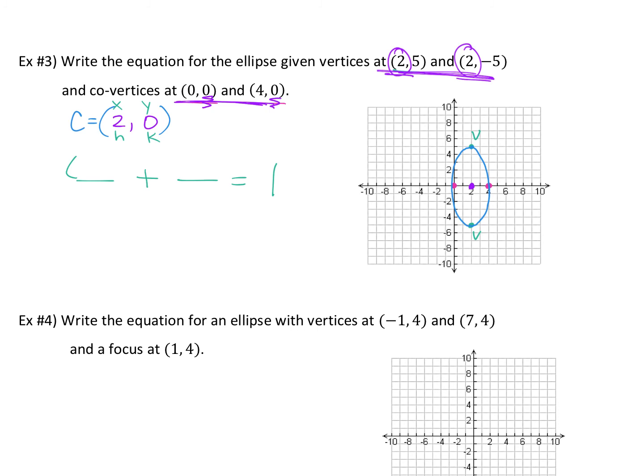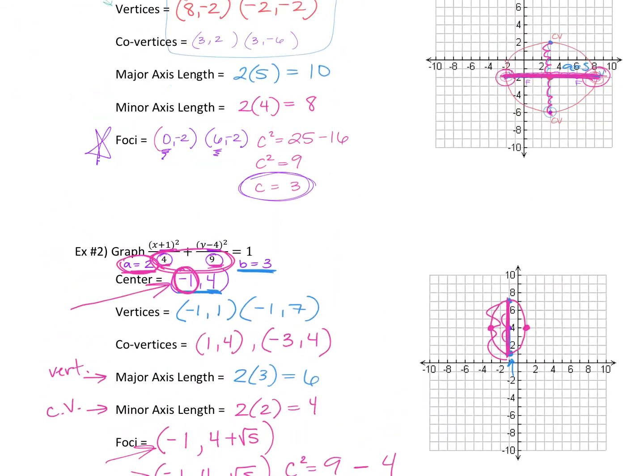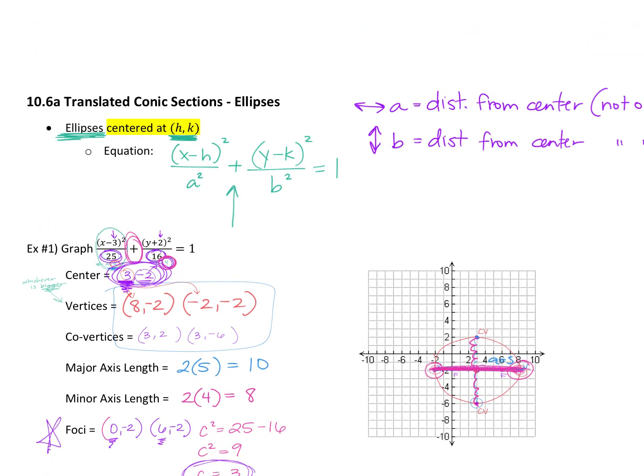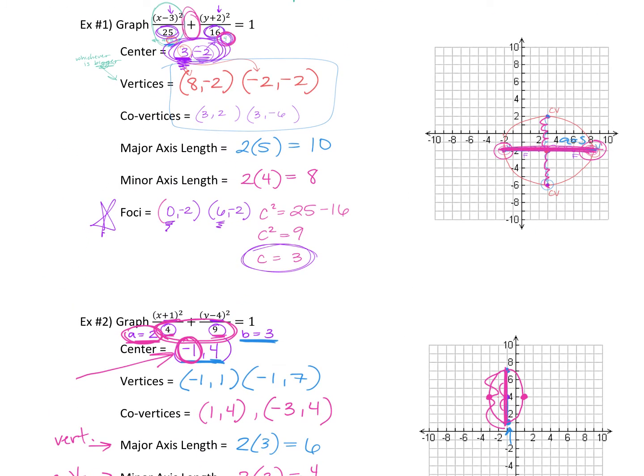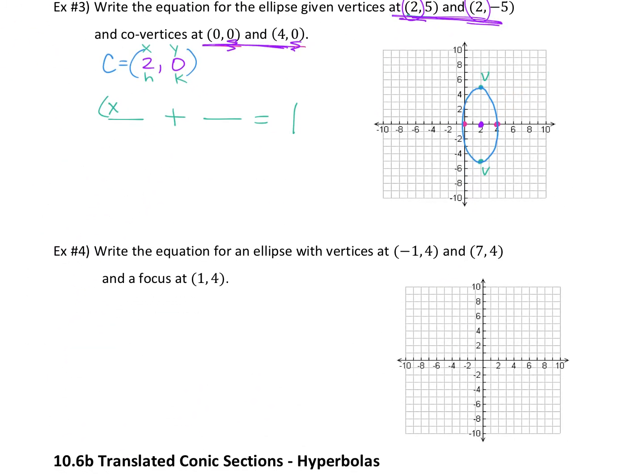So x where? Look back to that general form of your equation. This right here is what we're doing, right? So x minus your h value is going to be x minus 2 squared.